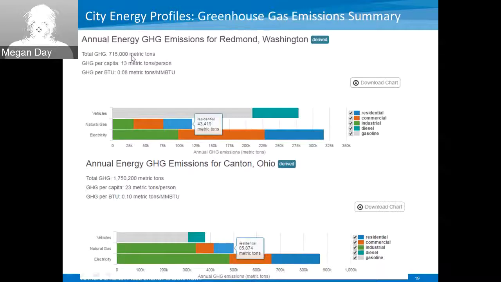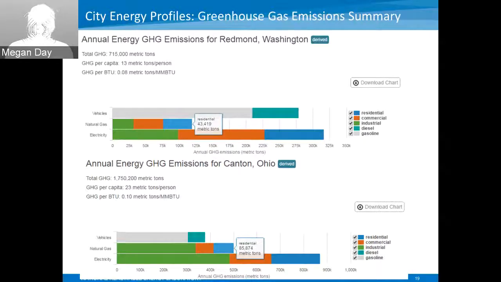So here in Redmond, Washington, they have about half of the emissions, even though they're about the same size as Canton, Ohio. And most of that is because in Redmond, Washington, it's in the Northwest, and they have a lot of hydropower. In Canton, Ohio, they're in the Midwest, and there's a lot of coal-powered electricity generation.